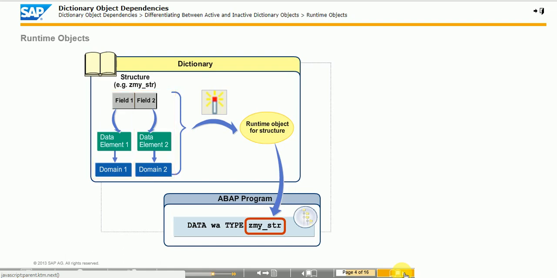Information required by the database interface to access the table data such as client dependence, buffering, key fields, and so on. Runtime objects are created for all ABAP dictionary objects that can be used as types in ABAP programs. These runtime objects are data elements, table types, views, structures, and tables.